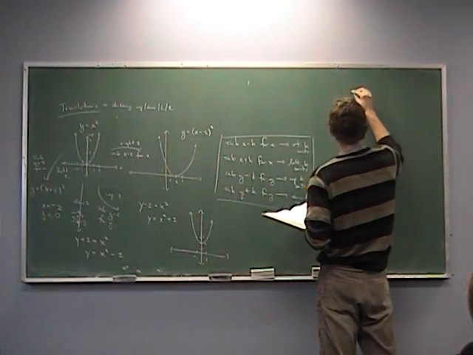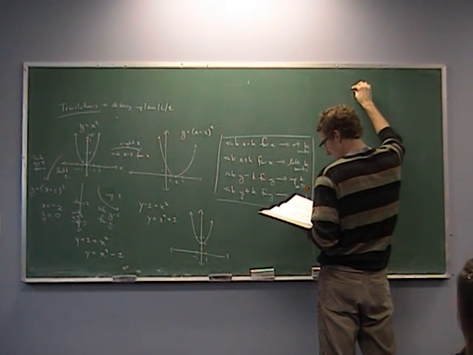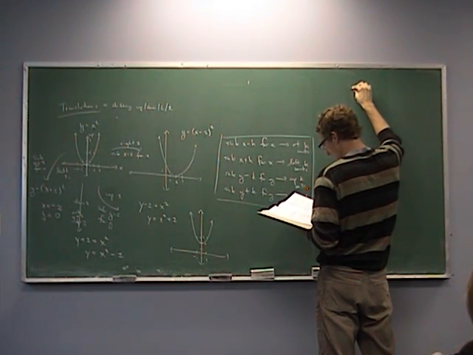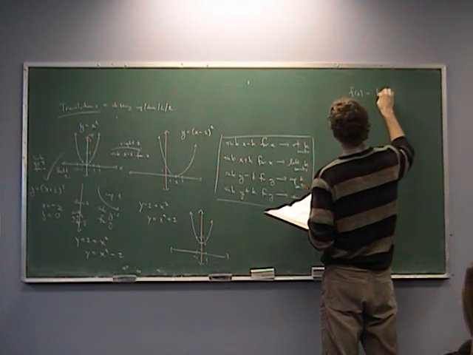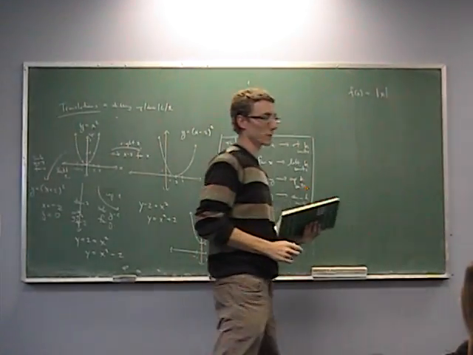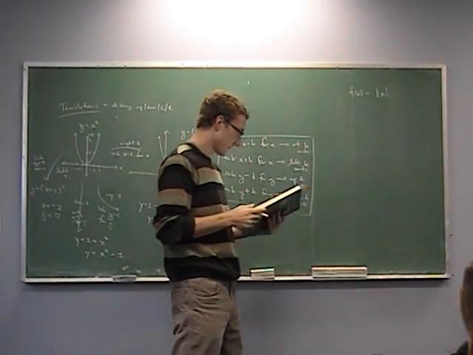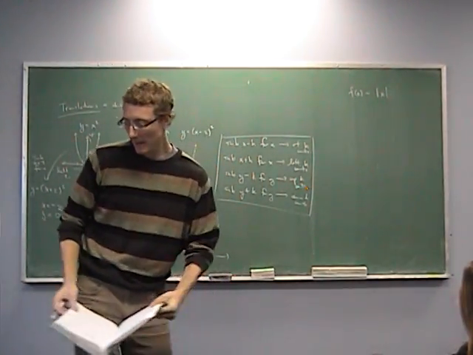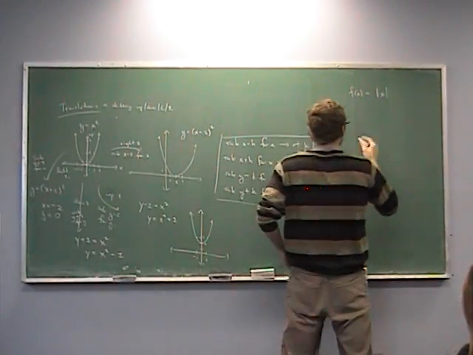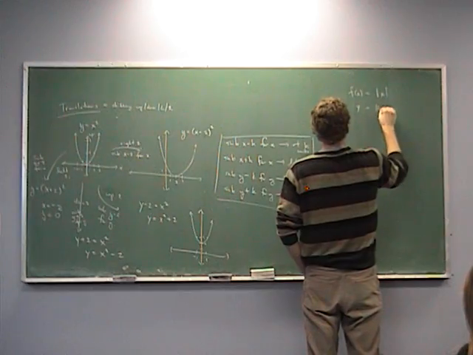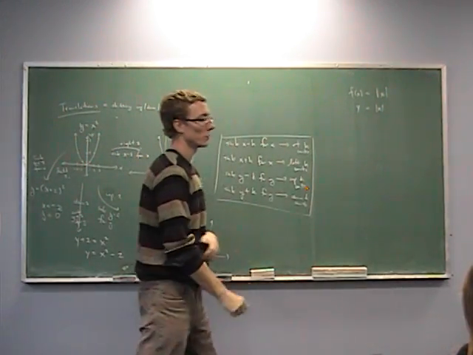So, here we go. So we have this function. By the way, anytime a function is written in this f of x notation, you could always just take it back to the y notation if you wanted to.